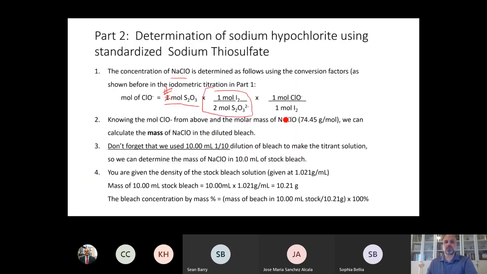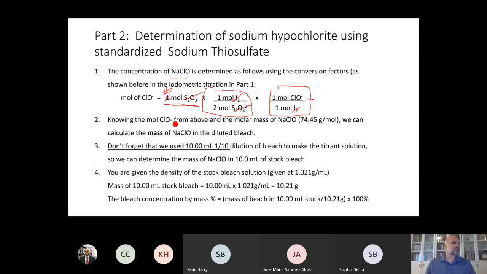That's going to be the conversion factor here. As you can see, with our known quantity of thiosulfate, that cancels out units. The iodine gets canceled out as well, and we're left in the end with just the concentration of our bleach, or sodium hypochlorite solution.